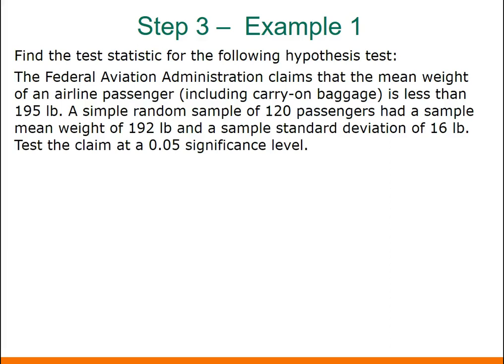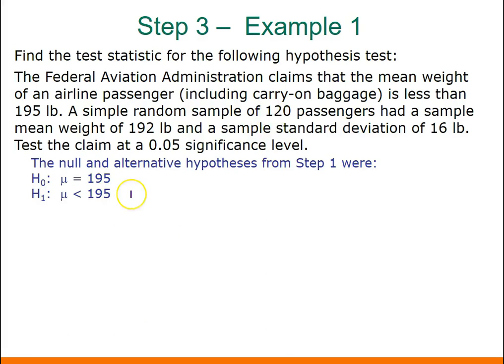Let's do an example of finding a test statistic. So in this one we have some sample data, and our null and alternative hypotheses from step 1 were that mu is equal to 195 for the null and mu is less than 195 for the alternative hypothesis.